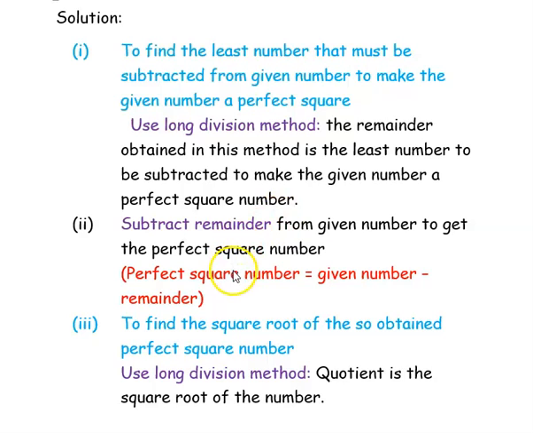In the second step, subtract the remainder from the given number to get a perfect square number. That is, perfect square number is equal to given number minus remainder. And in the third step, to find the square root of the perfect square number so obtained, again we are using the long division method, and in this step the quotient obtained is the square root of the number. So we are going to follow these three steps to solve the given question.